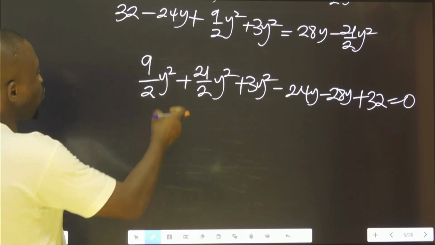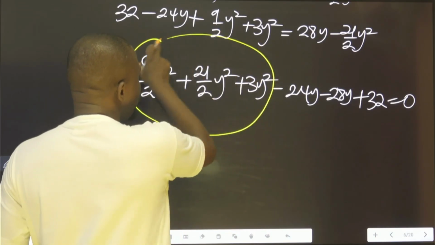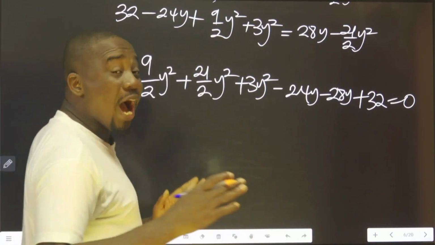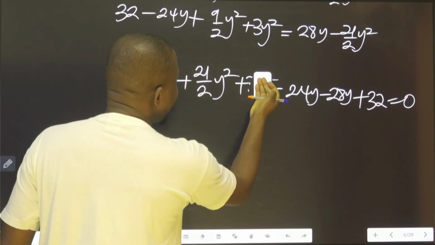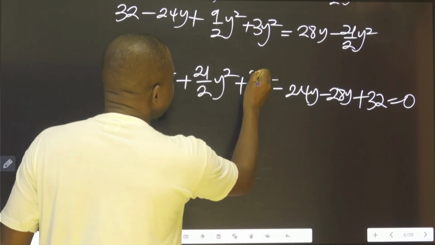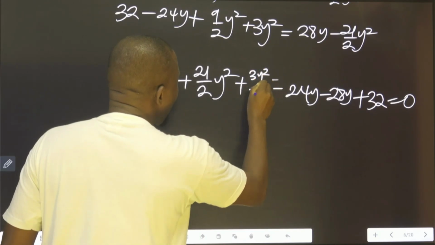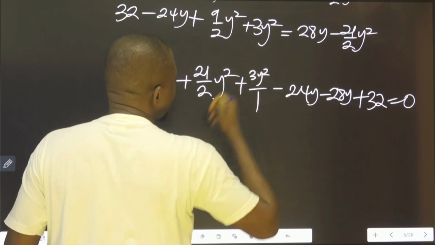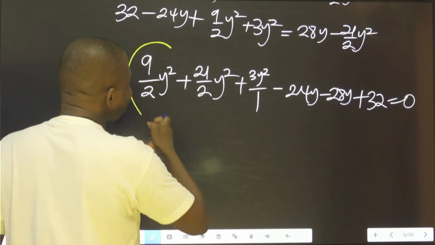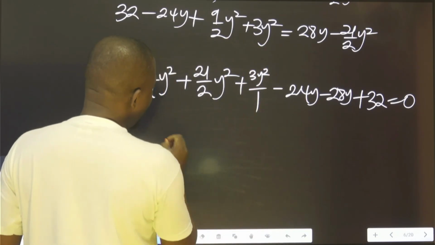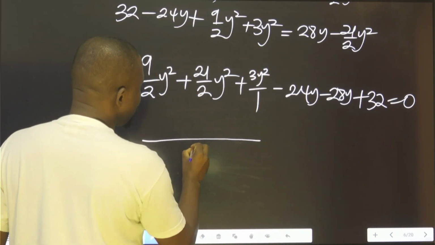So with this now, we can work out this group. Okay? Because they all have y squared. I call this conveniently 3y squared over 1. Okay? So that I can solve this out. You agree with me? The LCM of this is 2.